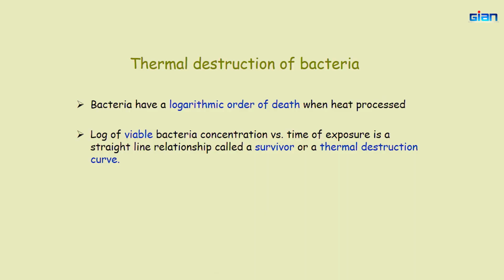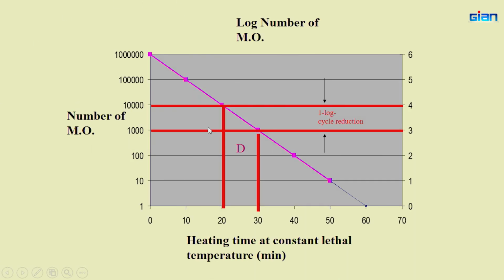In 1 minute you may reduce to 10 power 5, and then in the second minute it may reduce to 10 power 4, and so on. And then you keep plotting, and you get something like this. Initially you have certain bacteria, and then with 10 minutes you are going to reduce this, and so on.